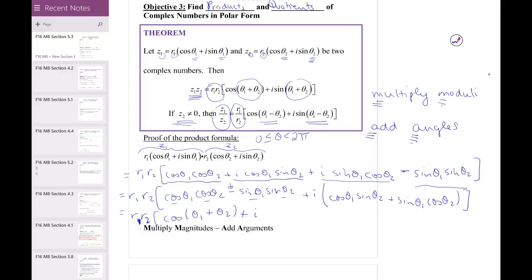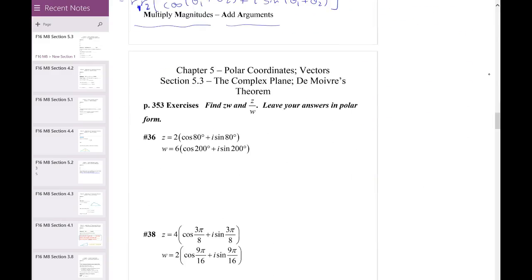Plus I times, and here I have sine, cosine, cosine, sine, so I have the sine of the sum of the two angles. And so now we've proved that if you take two complex numbers and multiply them together, the result has a modulus that is the product of the two moduli and an argument that is the sum of the two arguments. So you multiply magnitudes, add arguments.